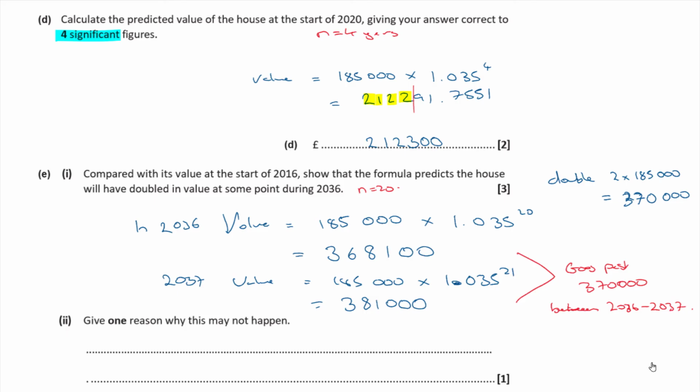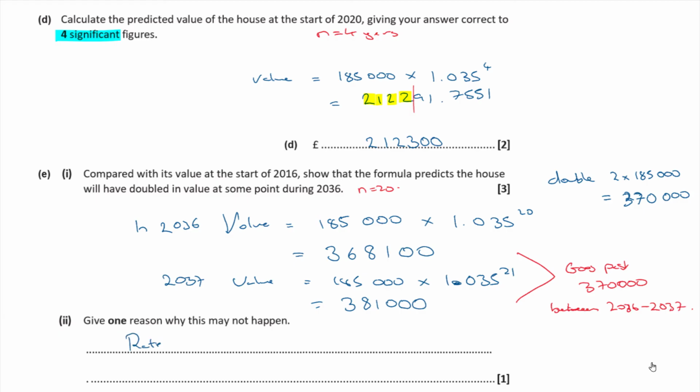Well, it assumes that you get this interest rate of 3.5% constantly for nigh on 20 years, which may not happen because who knows what's going to happen next year, let alone in 20 years' time. So I'm going to say that the interest rate, not really an interest rate, is it?